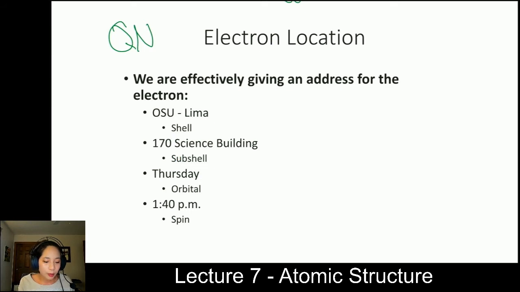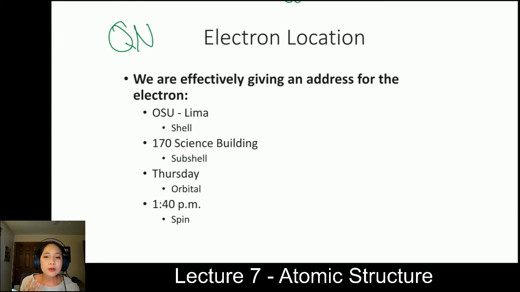So we might be in recitation room 170 of the science building. We're telling you what subshell you're in. And then maybe we can be even more specific and try to locate where you, an electron, are on a certain day. So an orbital, our 3rd quantum number, makes it even more specific, where we could say, you're in our classroom on Thursday, our recitation day, right?